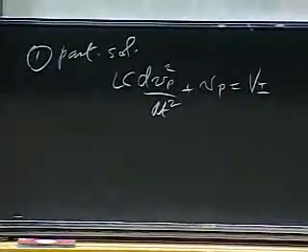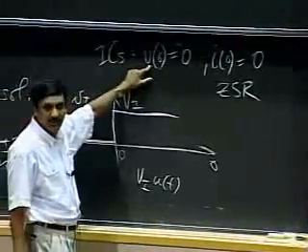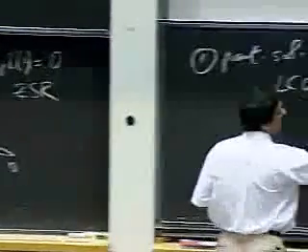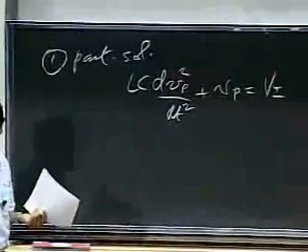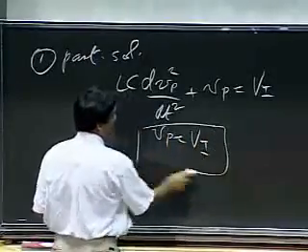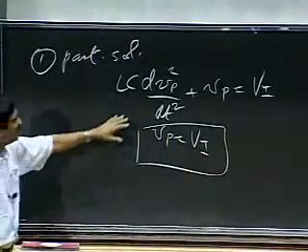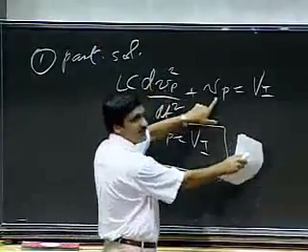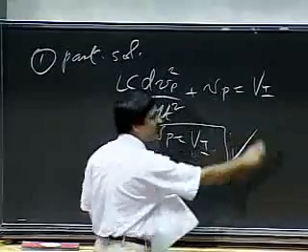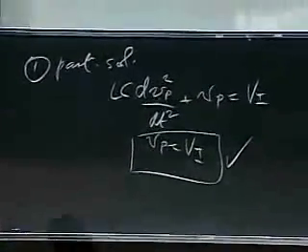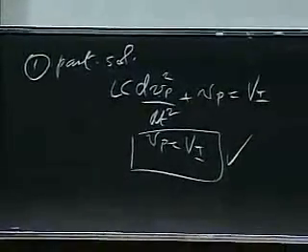Notice that for time t less than or equal to 0, Vi is going to be 0. So I'm looking for a solution for t greater than 0. So here, if I substitute Vp equals Vi, that is a particular solution, because if I substitute Vi here, this goes to 0, and then I get Vi equals Vi, so this works. I promised you this was going to be simple. Can't get any simpler than that.